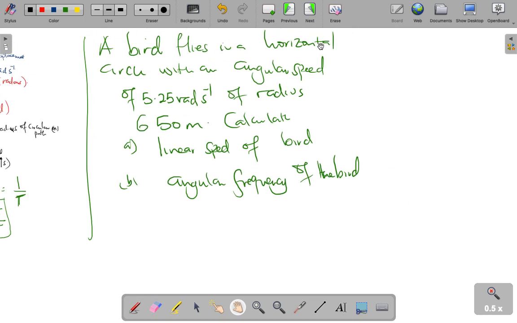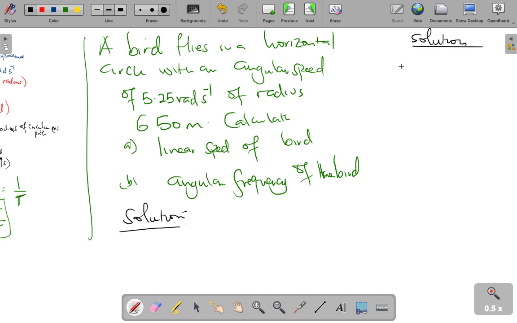So a bird flies in a horizontal circle with an angular speed of 5.25 rads per second, and the horizontal circle has a radius of 650 meters. So basically, when we are solving, I'll write the solution on the side.